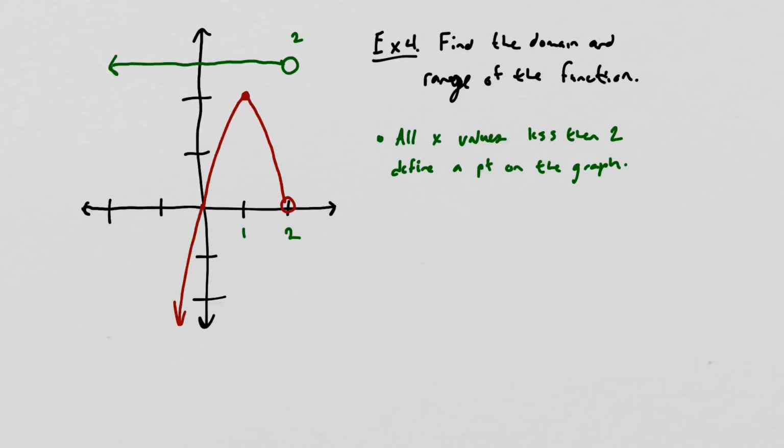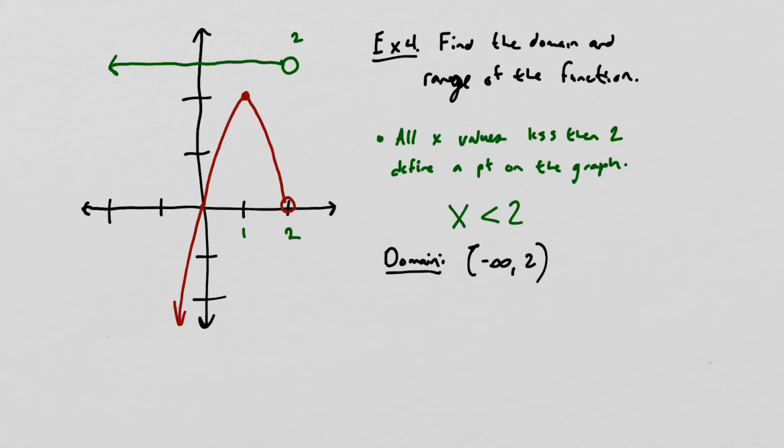And so the domain given this graph is going to be all x values that are less than 2. So let me go ahead and just write it using interval notation. So this is going to be negative infinity to 2, open parentheses.